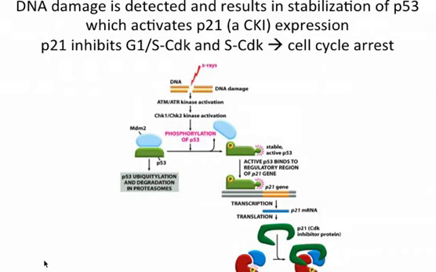And so normally, if you treat with X-rays, you have a lot of CKIs, they're going to prevent your S CDKs. You're going to be stuck in G1, right? This is, remember, G1, this should be S, and this should be G2M, right? G1, S, G2M.